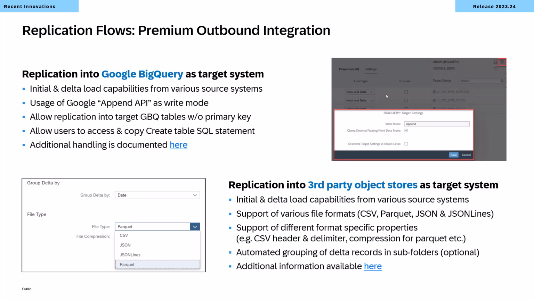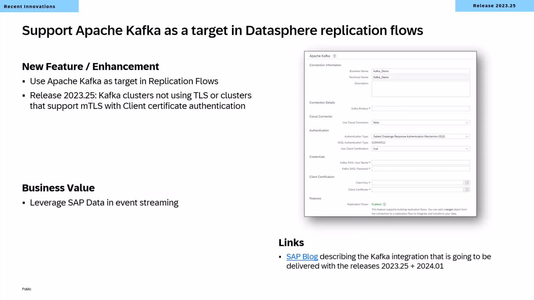And with release 25, we added another target, which is Apache Kafka for replication flows now. So that release now allows leveraging SAP data and event streaming scenarios.